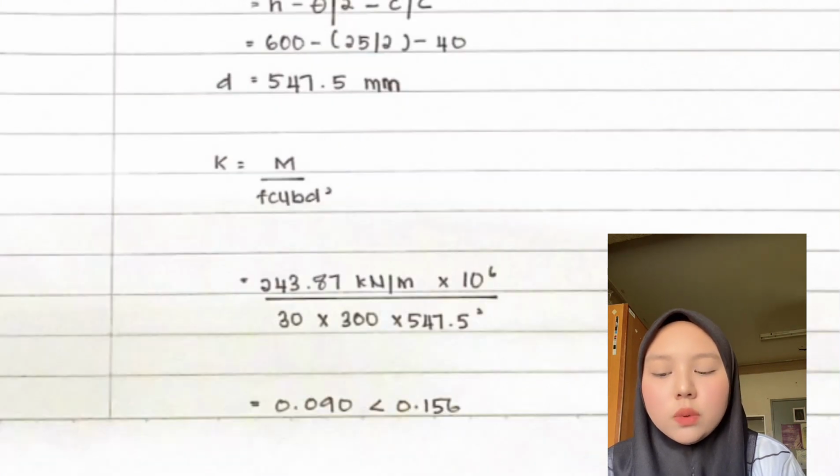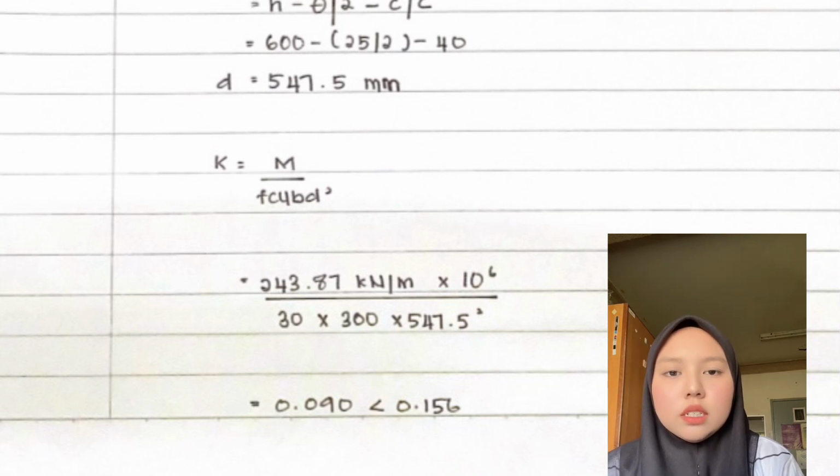Next, K equal M over FCU BD square. So 243.87 times 10 to the power 6, divided by 30 times 300 times 547.5 square. So the answer for K is 0.090.